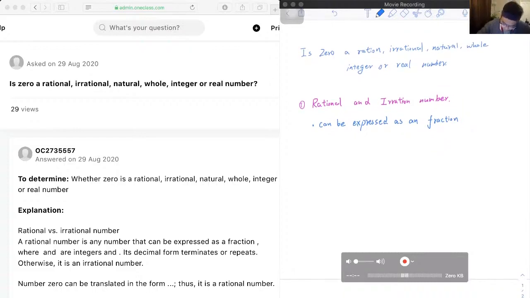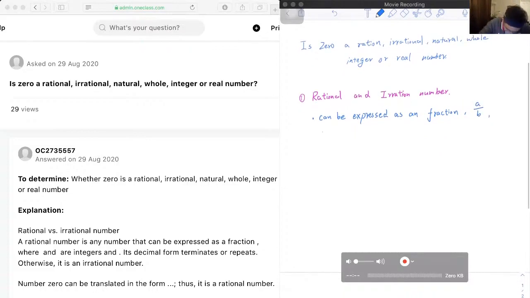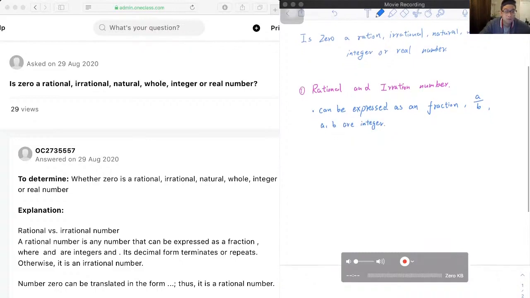Usually in the form a over b, where a, b are integers.